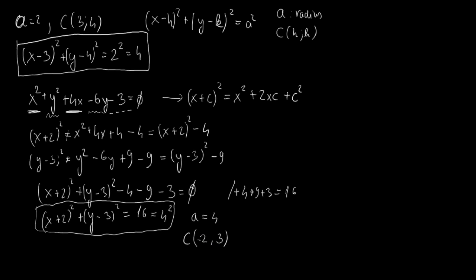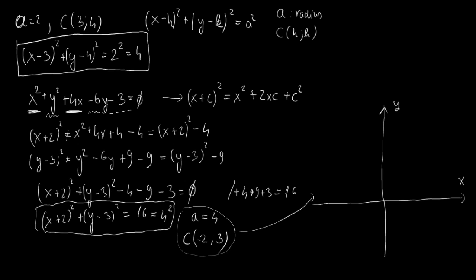So now I'm trying to sketch this here. We need a Cartesian coordinate system. This will be the y-axis, and here's the x-axis. And now we can see that minus 2 is here, 3 is around here, and so here is the center.